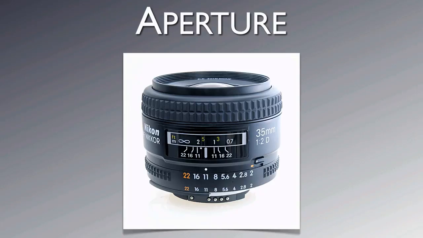Well, believe it or not, every number is half the aperture of the previous one. So, for example, f4 is half the aperture compared to f2.8, half the light. f5.6 is half the aperture and the amount of light than f4. f8 is half the aperture of f5.6, and so on.